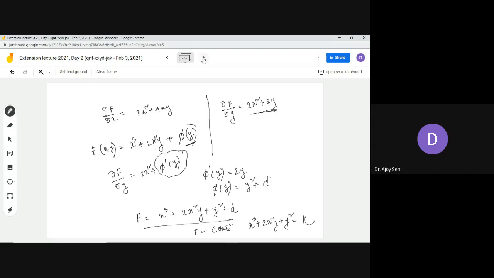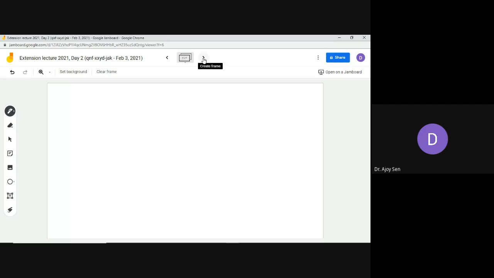Now I'm going to take some equations of this kind, M dx plus N dy equals 0. So I'm going to talk about the integrating factor. I think this name is quite familiar to you.